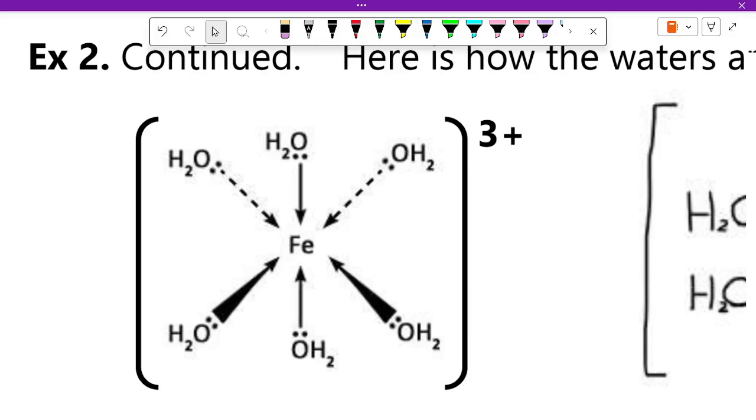Are we good? They are loosely attached, yes? But they're attached more than in a hydration sphere, okay? So they're actually associated with the ion.